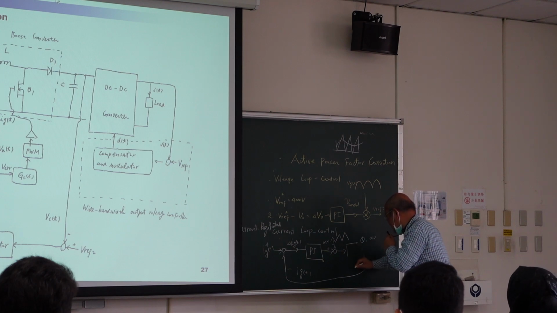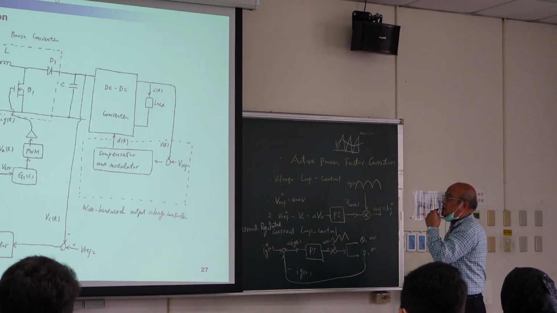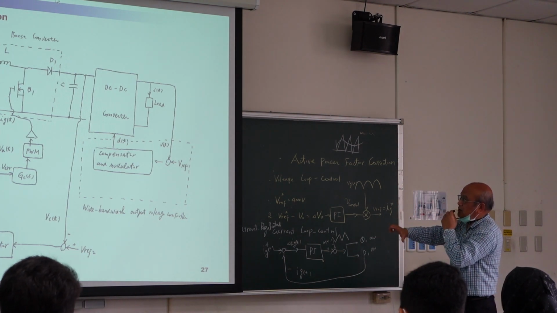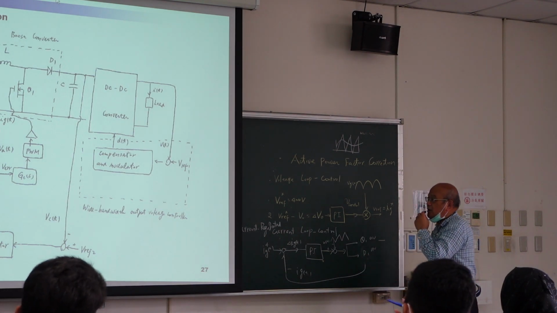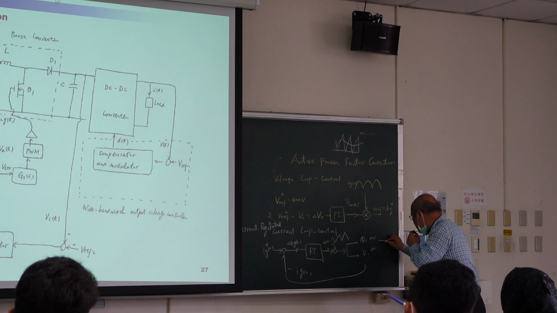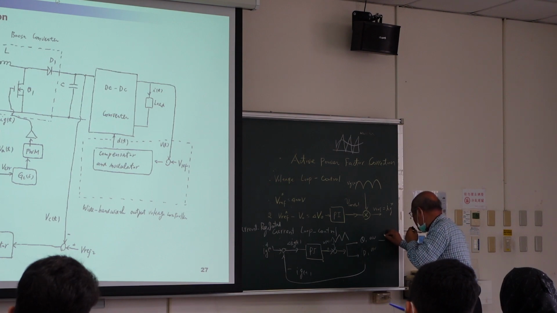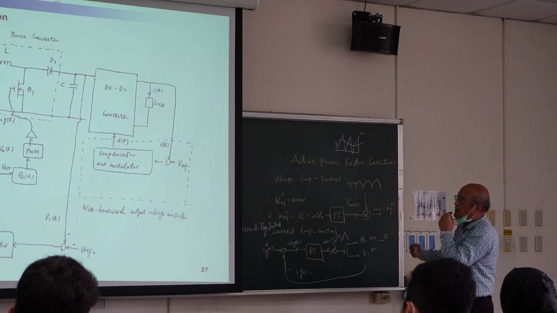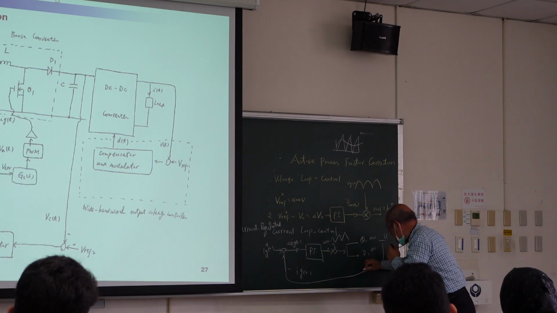If this is negative, then we can turn on the diode. So if we turn on the diode or Q1, then we can generate current.